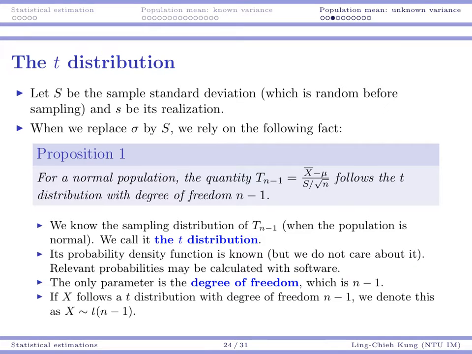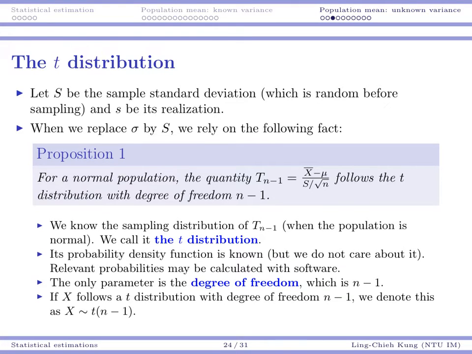So technically, let capital S be our sample standard deviation, which again is random before you do the sampling. This is the standard deviation of the sample values you obtain, and the small s is the realized value.